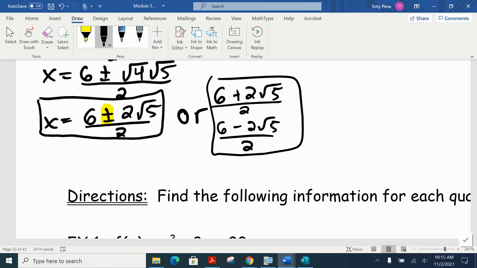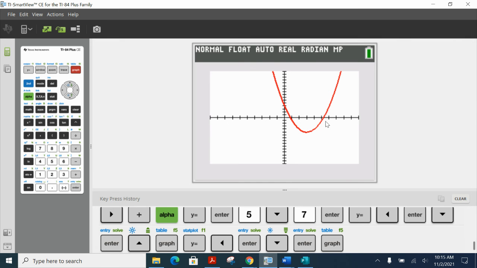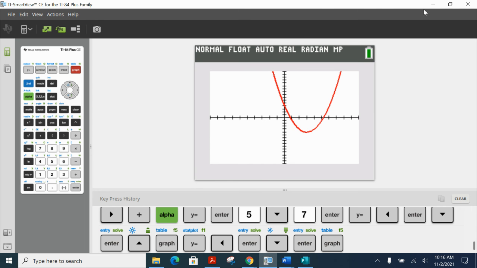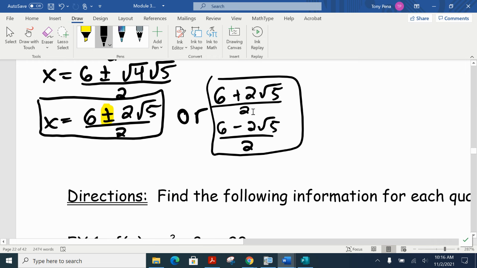Okay. Real quick, let's go back to that graph just so you can see what just happened. So this 0 right here, here's 1, 2, 3, 4, 5, and 6. Do you agree this is like 5 1/4-ish, like 5.2, 5.3, something along those lines? Somewhere in there, that's our answer. So now let's take this one, 6 plus 2 root 5, and divide it by a 2.